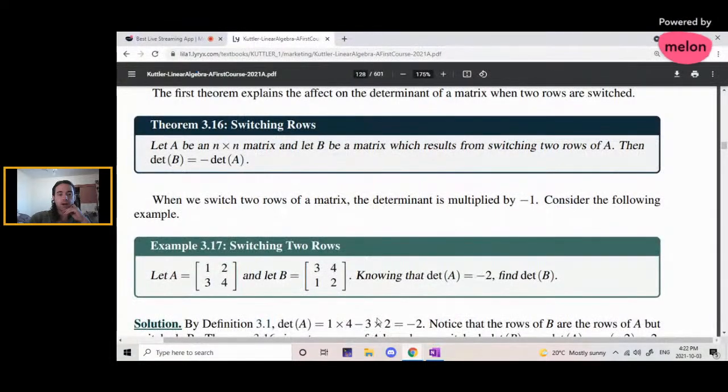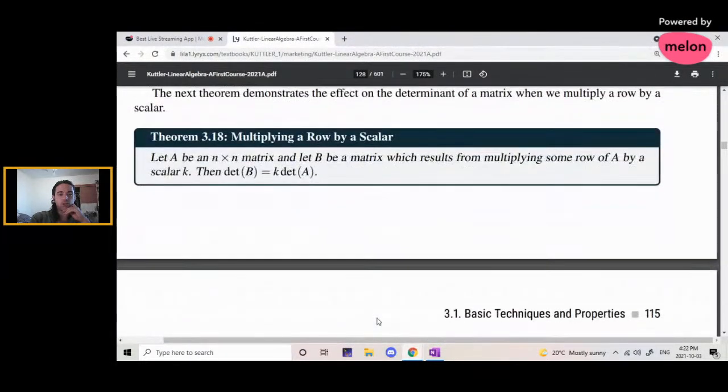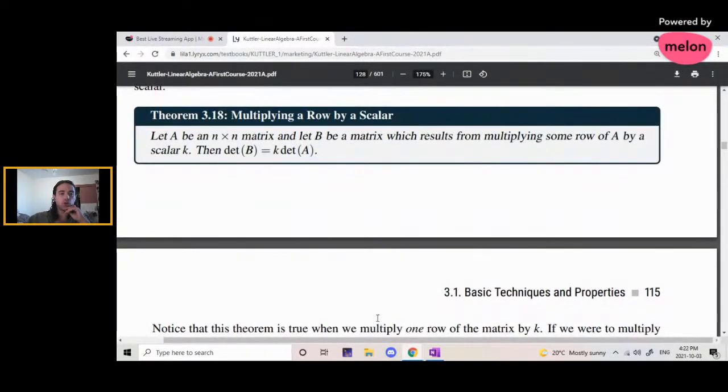Okay, so let's figure out what happens to our other 2. So multiplying a row by a scalar: let A be an n by n matrix, and let B be a matrix which results from multiplying some row of A by a scalar k. Then it has the overall effect of multiplying the determinant by k.